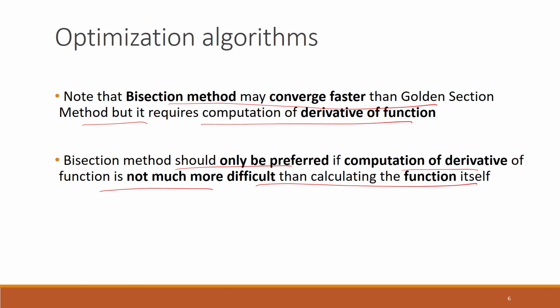Then we will be left with 3/4 of the interval that remains. In that case, the number of iterations it might take to reach a stage where the interval length is very small might become very large. So to be on the safe side, that is why we are evaluating the derivative of the function at the middle point.